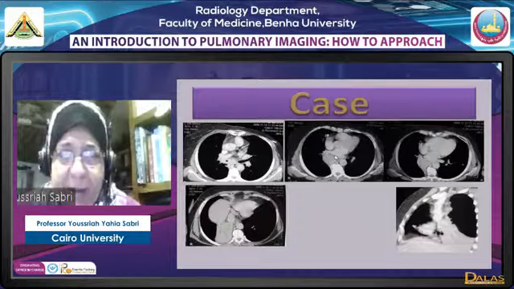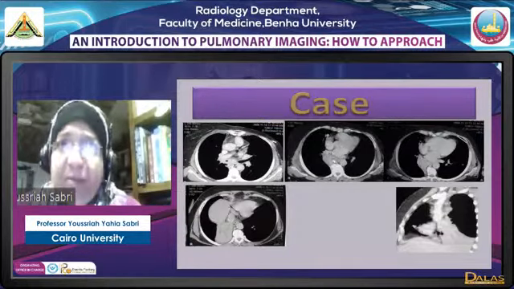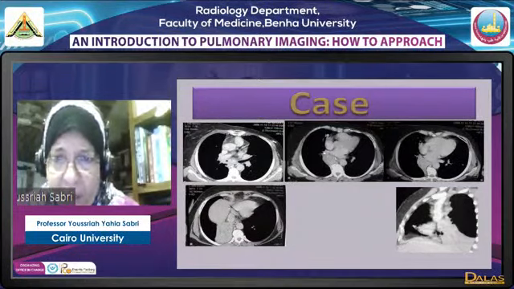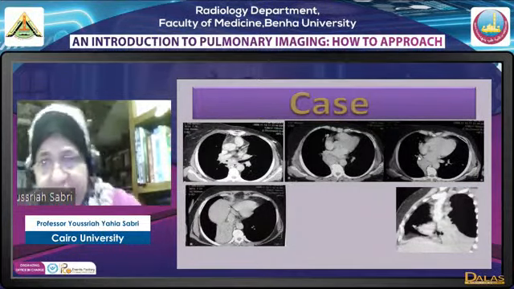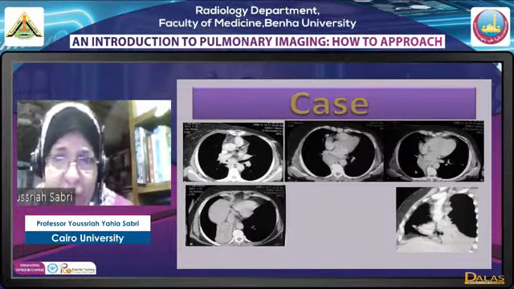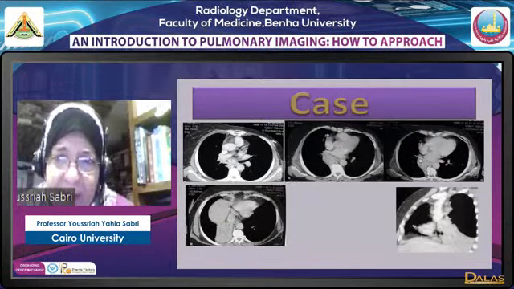Are we only dealing with a mediastinal problem here, or is there another associated problem? If you go through it, you will find that this lesion in the posterior mediastinum is extending to join another lesion in the lung, and they are both amalgamated together and have a well-defined curvilinear margin.